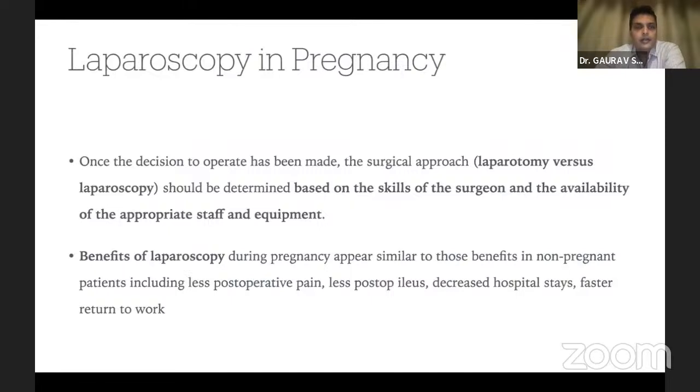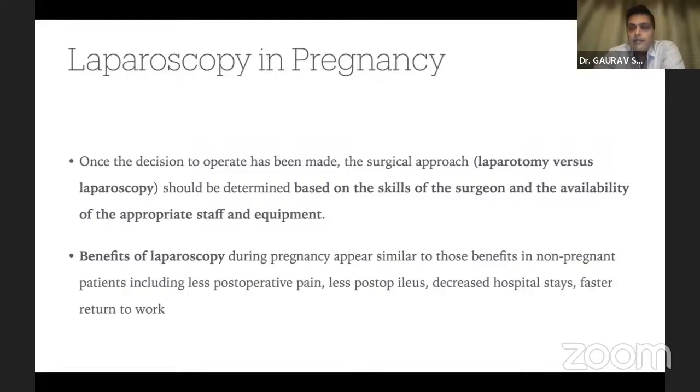So once the decision to actually operate has been made, one either takes an approach for a laparotomy or via a laparoscopy. And this really depends on how skilled the surgeon is and how comfortable the surgeon is tackling this adnexal pathology in pregnancy.